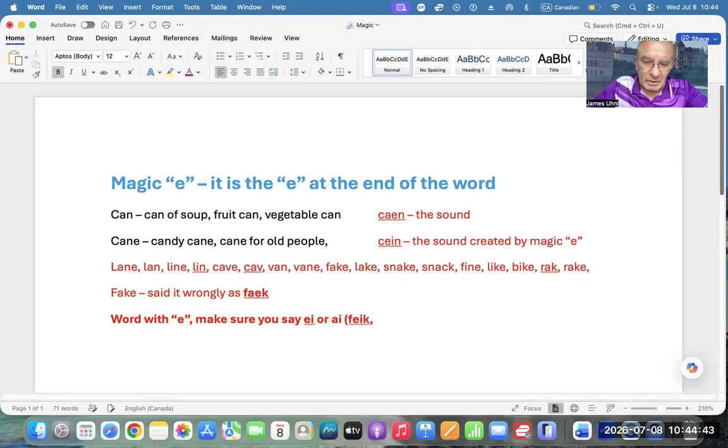The sound would be lake. The sound would be cane, and so on.